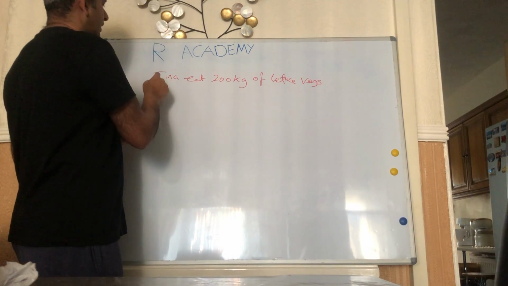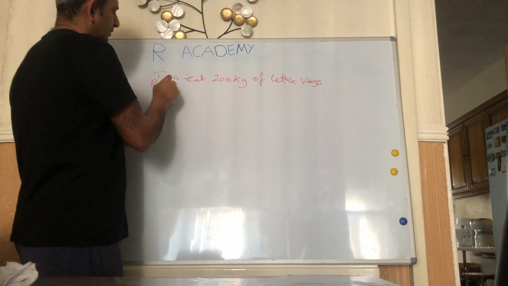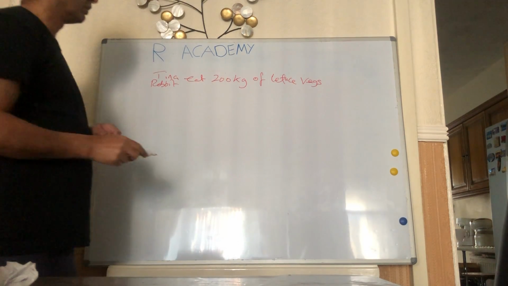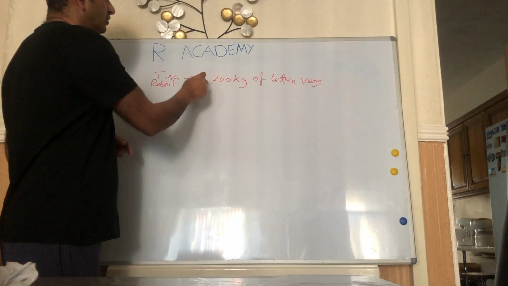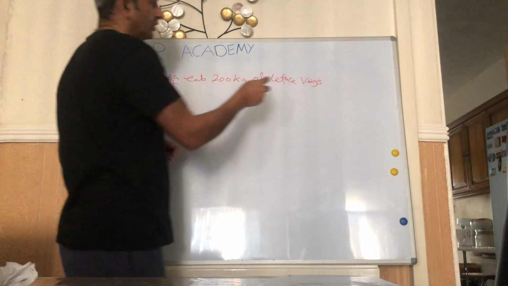Tina, by the way, is a rabbit, so I'll put in Tina the rabbit. So Tina the rabbit eats 200 kg lettuce and vegetables a year.